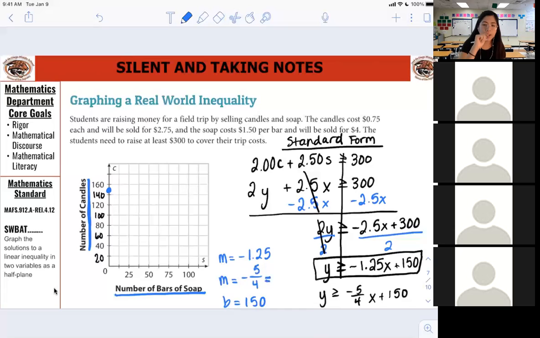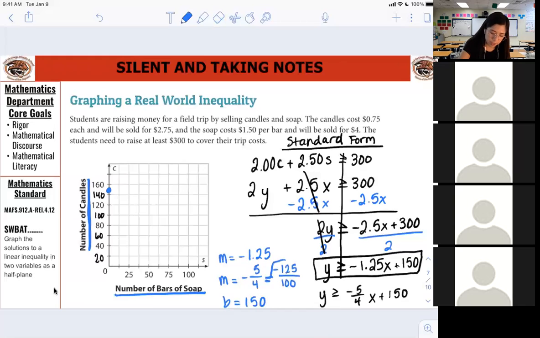So I'm going to multiply the numerator and the denominator by 25. So what's 5 times 25? 125. So this is 125 over, like we said, 4 times 25 is 100. I'm making an equivalent fraction that's going to be easier for me to use.